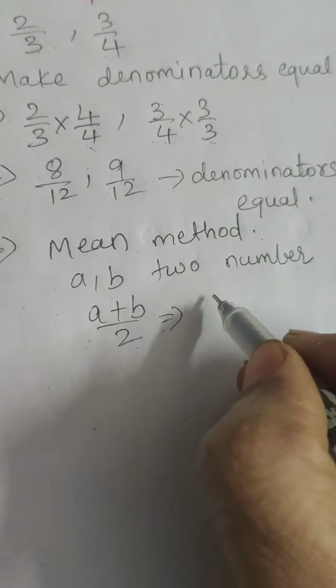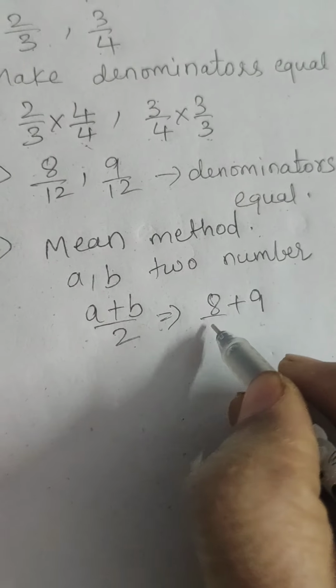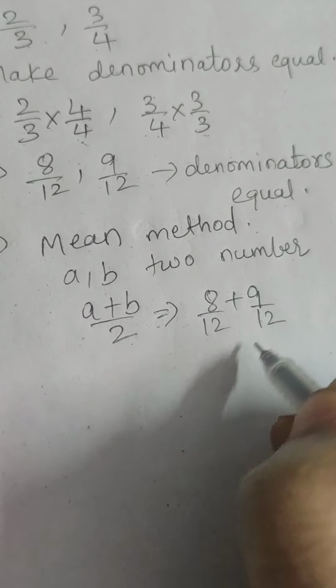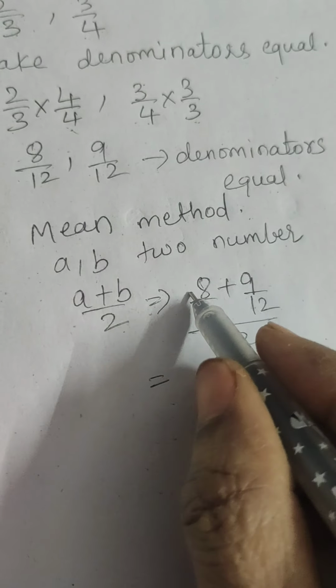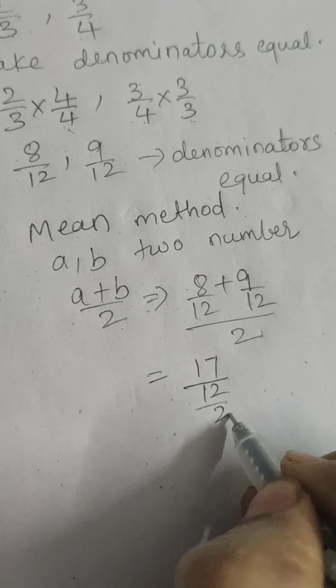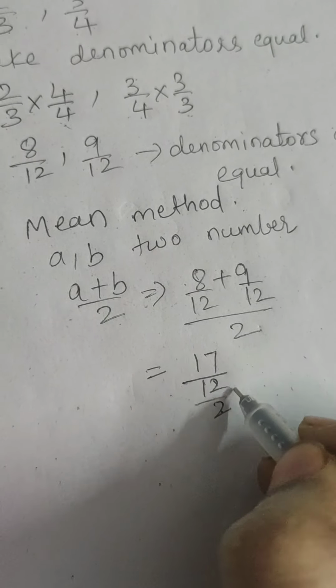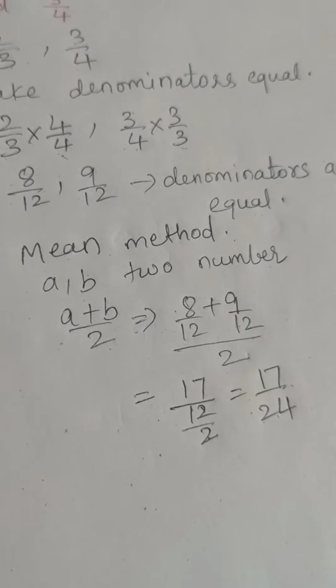Here 8 by 12 plus 9 by 12 by 2. It becomes 17 by 12 by 2. 12 2s are 24. It becomes 17 by 24.